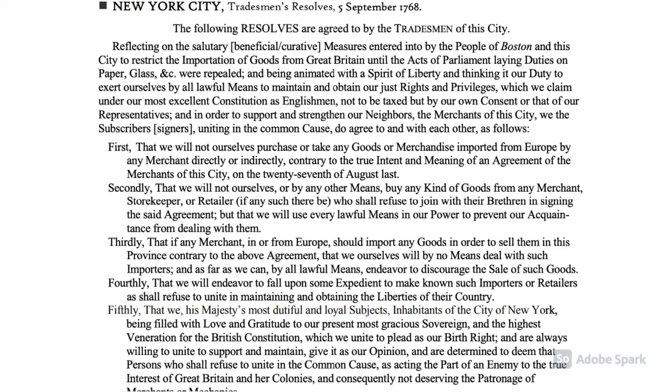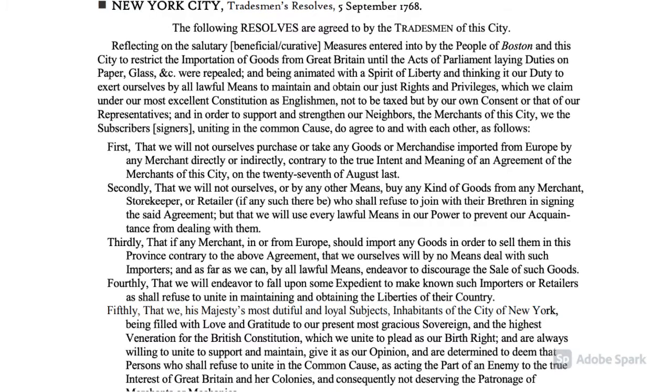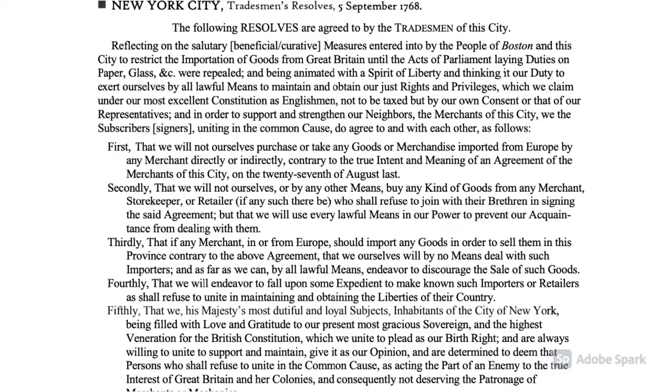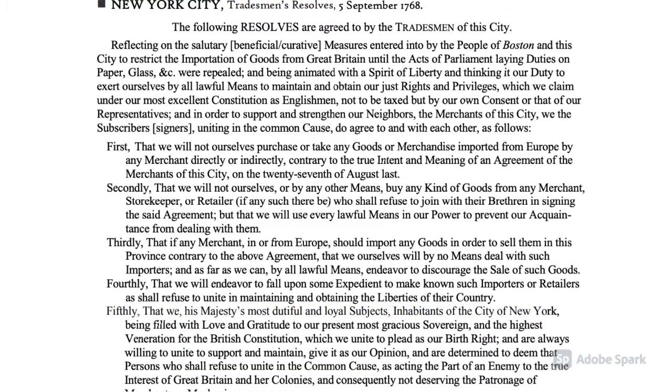tax. What's interesting about this response is that although they are protesting all of the goods and the taxes being imported from Great Britain, the last clause here, fifthly, says that they're still the dutiful subjects of the king and that they have the most gratitude for him.